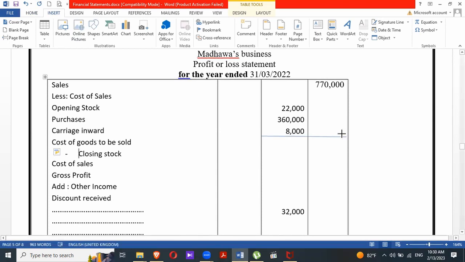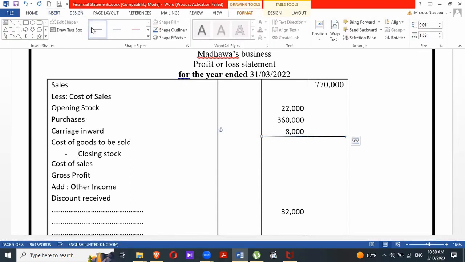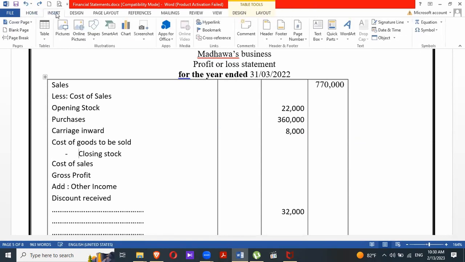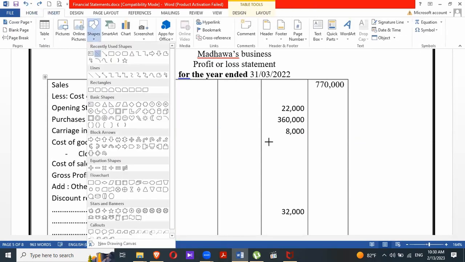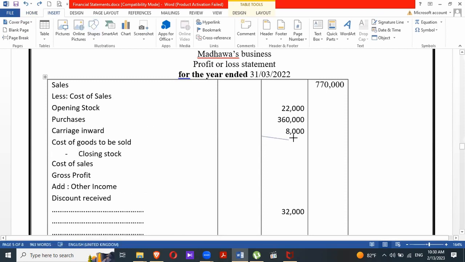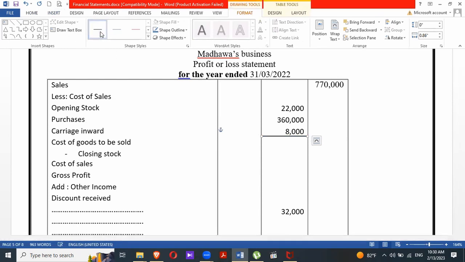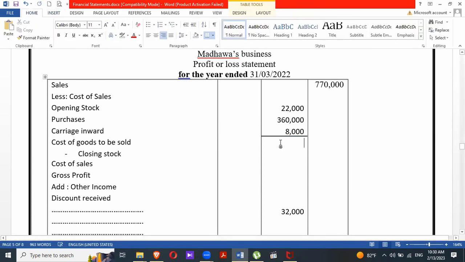Now can take the total here like this. Likewise, you can take the answer for the cost of goods to be sold. 360 plus 30, 390,000. Right?